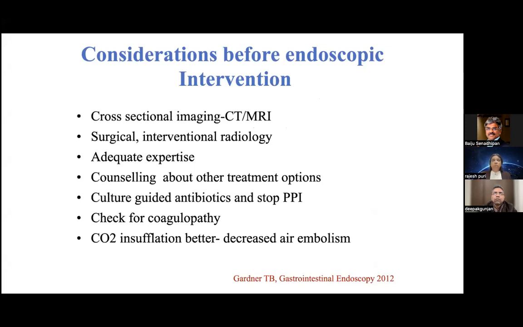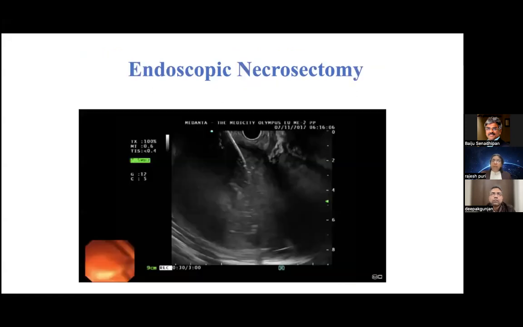Before doing an endoscopic drainage, it is important to do a CT or MRI to look for the amount of debris and for pseudoaneurysm. Always have a backup of surgery or interventional radiology. Adequate expertise is important. Counsel the patient about other treatment options, stop PPI, start antibiotics, check for coagulopathy, and do all procedures under CO2, avoiding air.